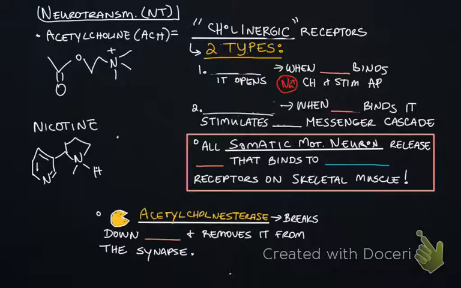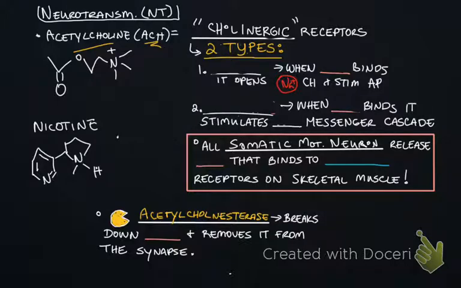Alright, so let's discuss neurotransmitters. We've talked about one before, acetylcholine. I abbreviate that as ACH. And they're often classified by the type of receptors that they use. Now, acetylcholine uses types of receptors called cholinergic receptors.